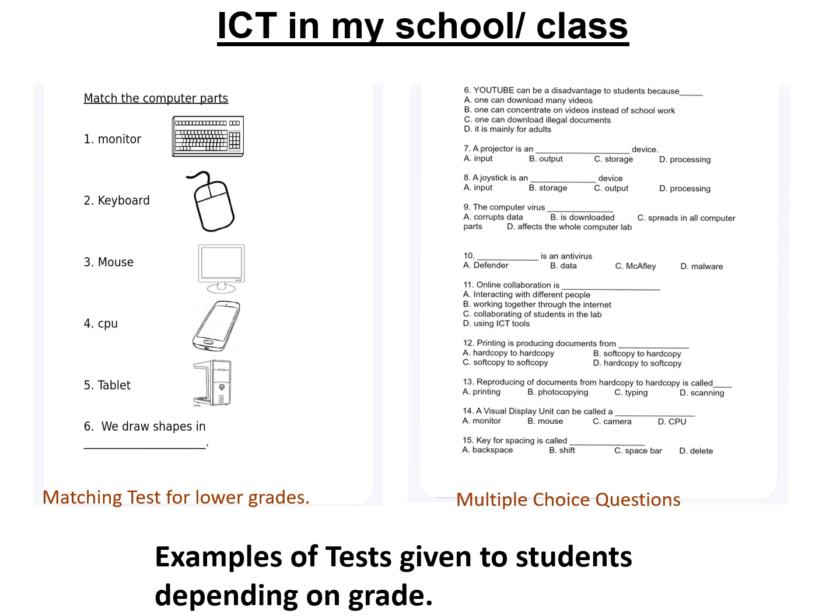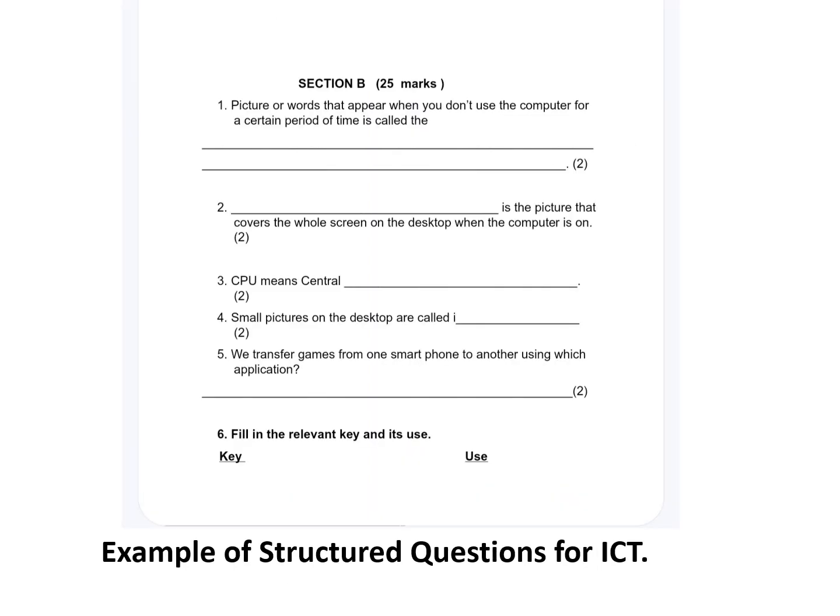Multiple choice questions are given to grades 3 up to grade 7. Then this is an example of structured questions for ICTs. And structured ICT questions are given to grades 3 up to grade 7.